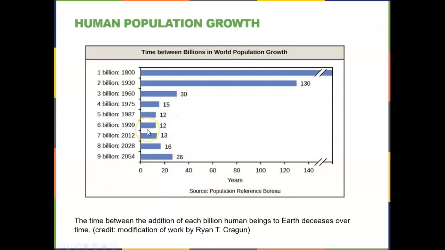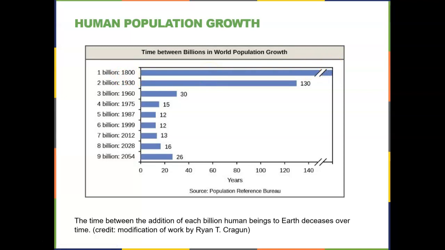So now if we take a look at the time period between where we have added a full billion people to the population, we can see how long it has taken. So back from when we first started recording how many people were around, we have about a billion people in the year 1800. About a billion people on the planet.